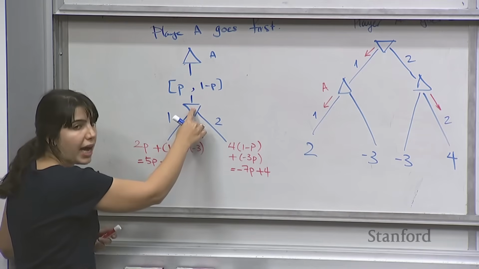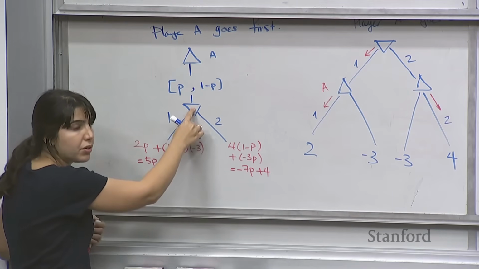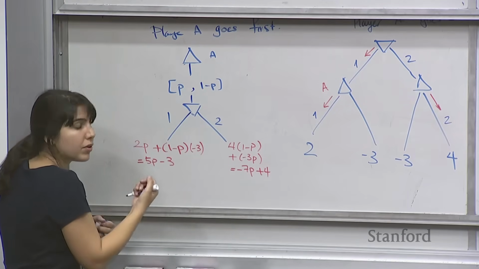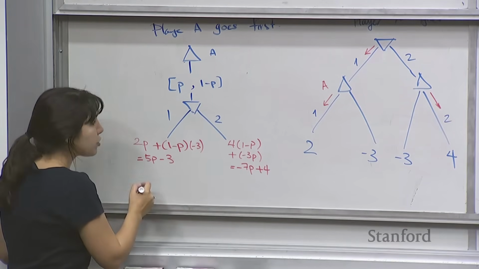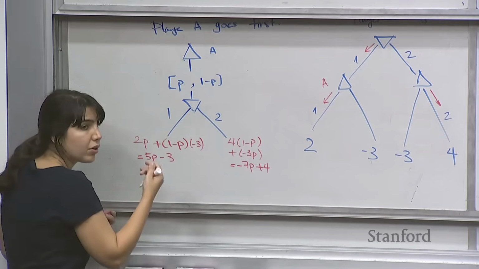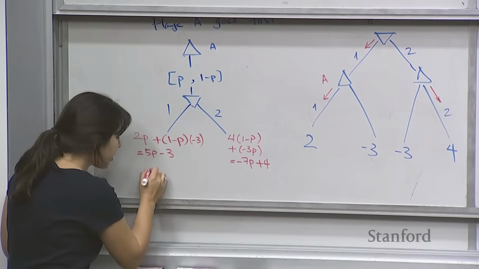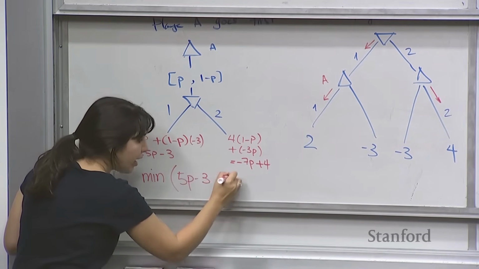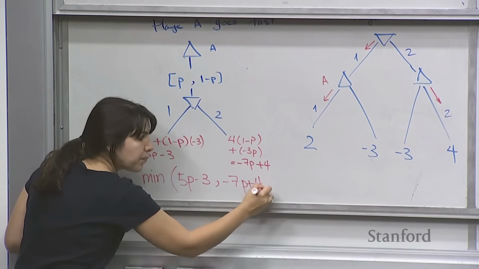This is player B and this min node. What should player B do? Should player B pick 1 or 2? Player B should pick the thing that minimizes between these two. Right? So player B is going to take the minimum of 5p minus 3 and minus 7p plus 4.